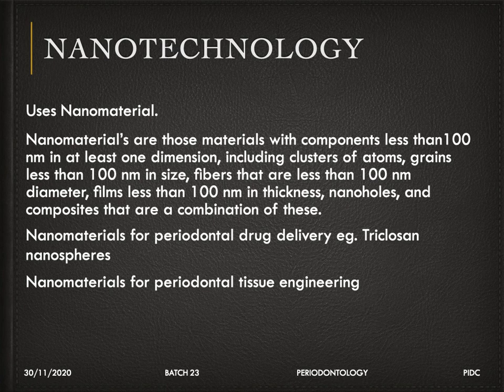So nanomaterials for periodontal drug delivery, for example triclosan nanospores or chlorhexidine nanoparticles, are in trials. Nanomaterials for periodontal tissue engineering are still under study. These materials can help in periodontal regeneration and periodontal maintenance.